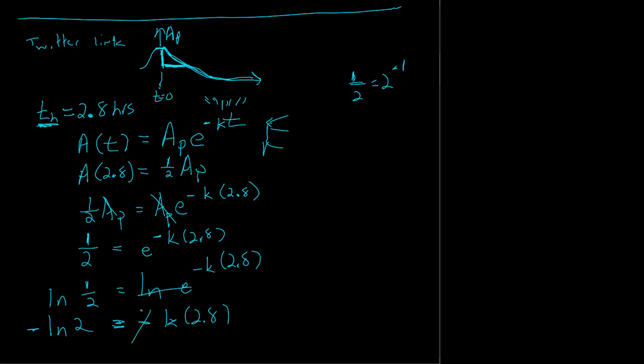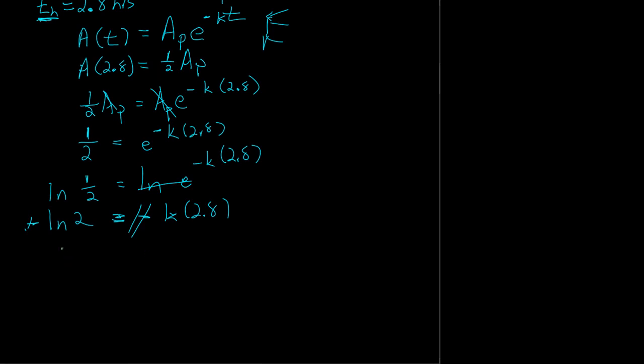The negative signs will cancel. And k is equal to ln 2 divided by 2.8. So I have created my model and using my exponential and logarithmic algebra to move it about.